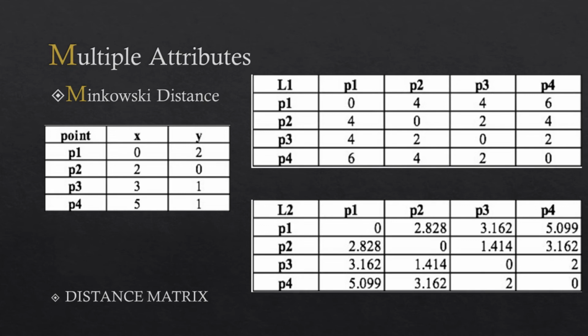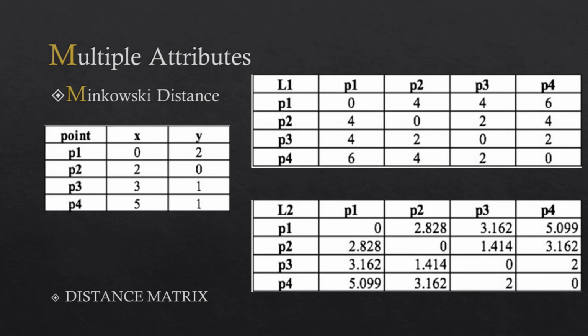So the absolute value of negative 2 is positive 2. So if r is equal to 1, then there is no change, so we get the first value. Next, we need to subtract the y of P1 and y of P2, which is 2 and 0, so it will equal positive 2. And the absolute value of positive 2 is positive 2 also, and the r is 1, so no change.